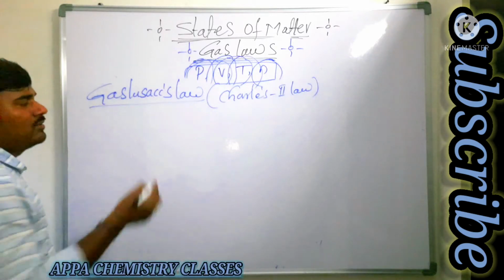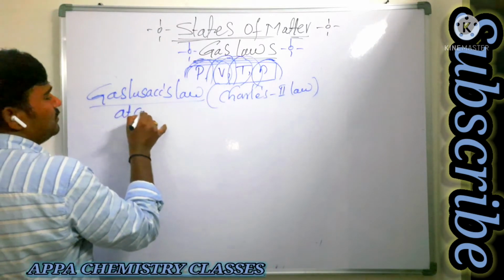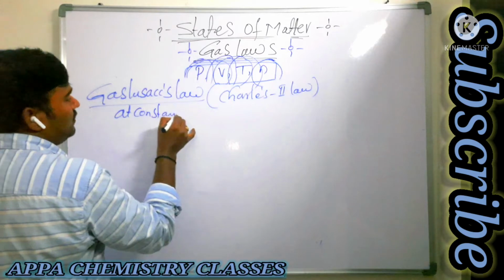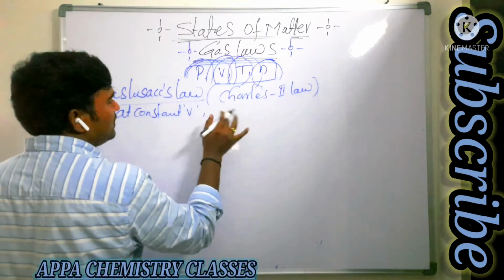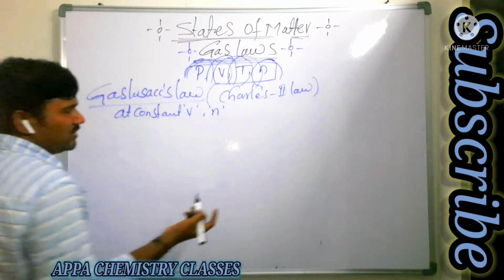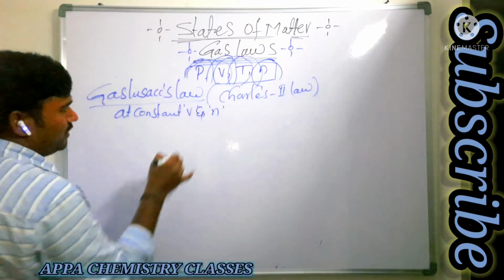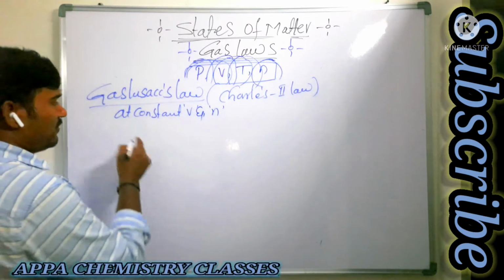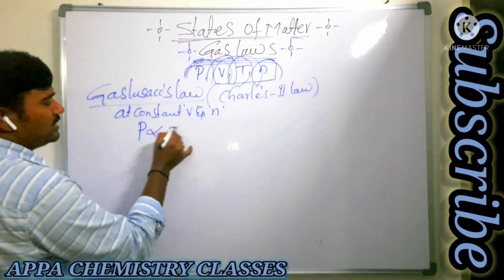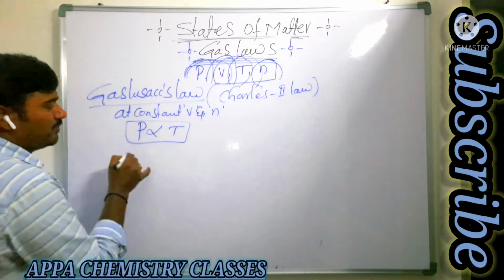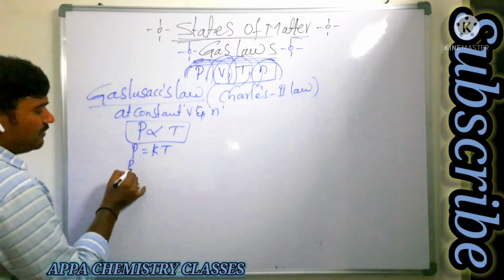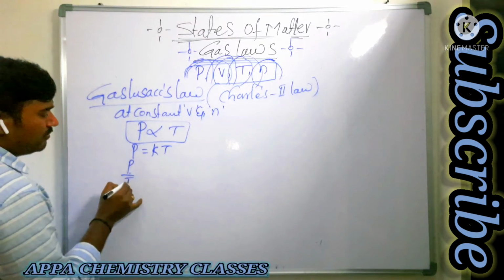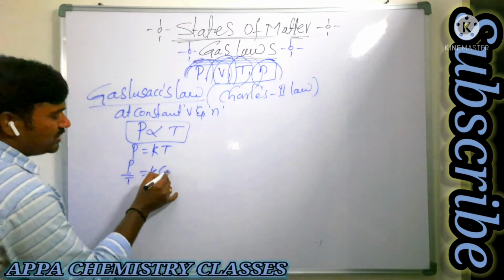According to this law, at constant volume and for a given mass of gas, that is, with the number of moles also constant, the pressure of the gas is directly proportional to temperature. So P is equal to K into T, and P by T is equal to K, which remains constant.